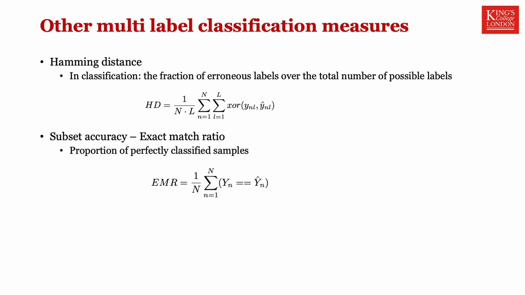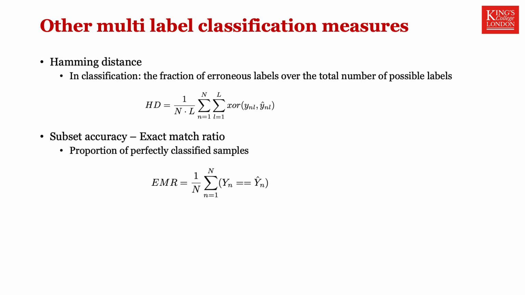If you think of multi-label classification measures, you have, for instance, the Hamming distance. It's basically the fraction of erroneous labels over the total number of possible labels. So for instance, imagine you have 10 possible classes. You will calculate it as 1 over the total number of samples times the number of labels, and you count the number of times that you didn't get the right one.